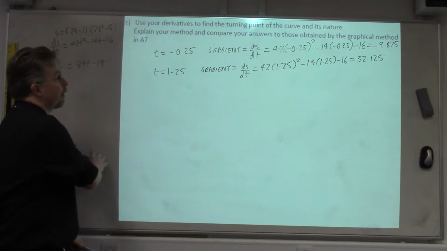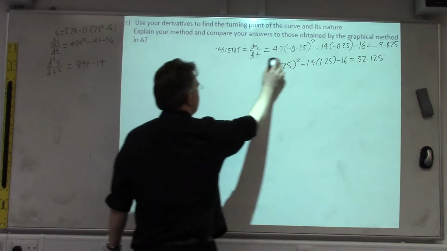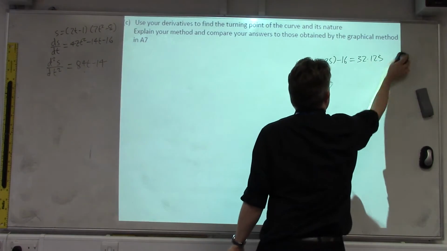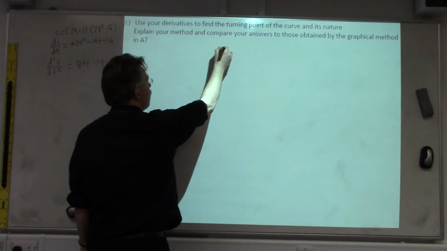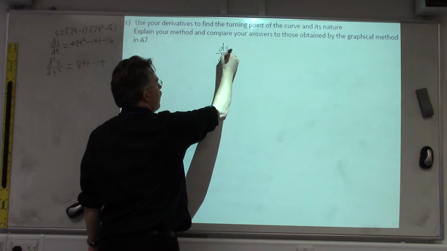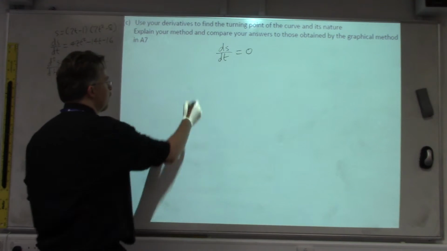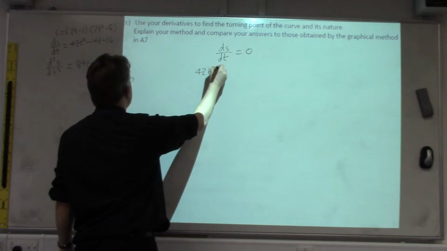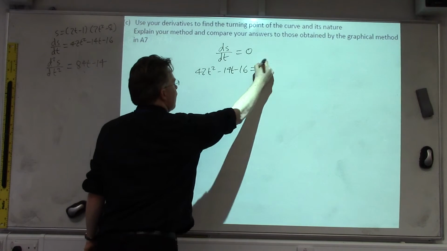Part C, finding the turning point and the nature. So as we've done in recent sections, the turning point is when ds by dt is equal to 0. So we've got our quadratic, 42t squared minus 14t minus 16 equals 0.